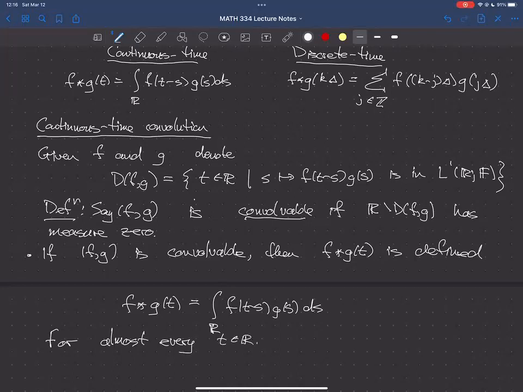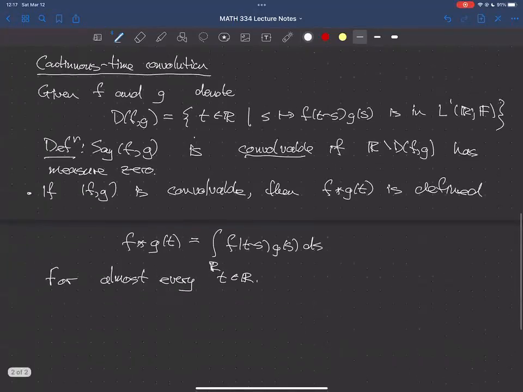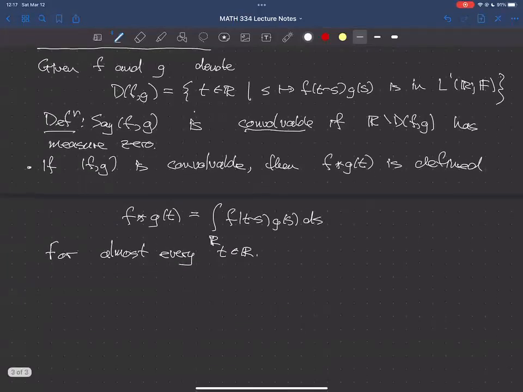And there may be some set of measure 0 of t's for which that formula doesn't make sense. And the value of f star g at those points, we don't really care what it is. Make it 3, make it 0, because we're thinking about the Lebesgue theory here, and so we're only interested in functions defined up to sets of measure 0.